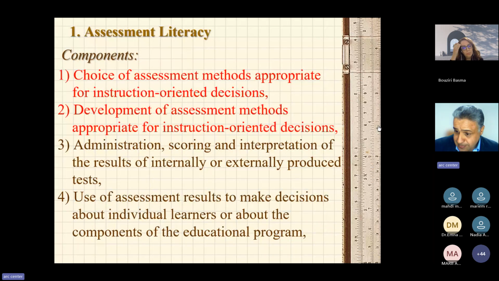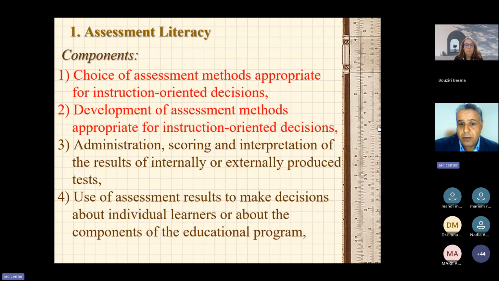And then, apart from those two, we have administration. As a teacher, you should know how to administer your test, when to give your test to your students, and how to invigilate. It includes everything. And then it includes also scoring and interpretation of the test results of internally or externally produced tests.